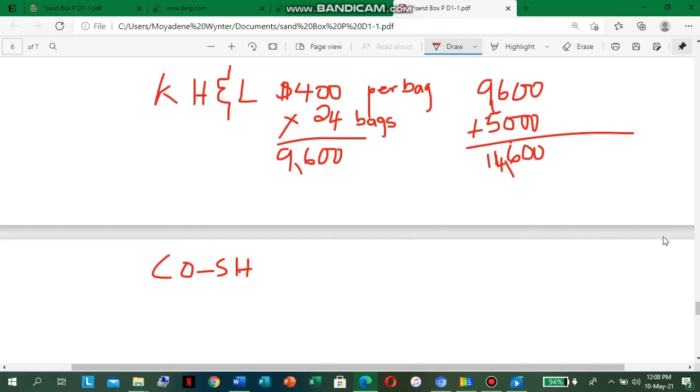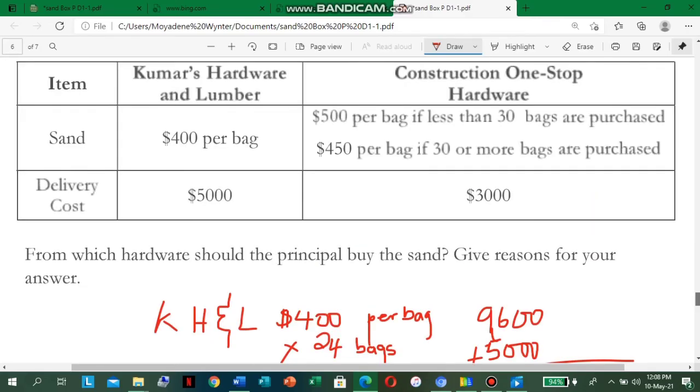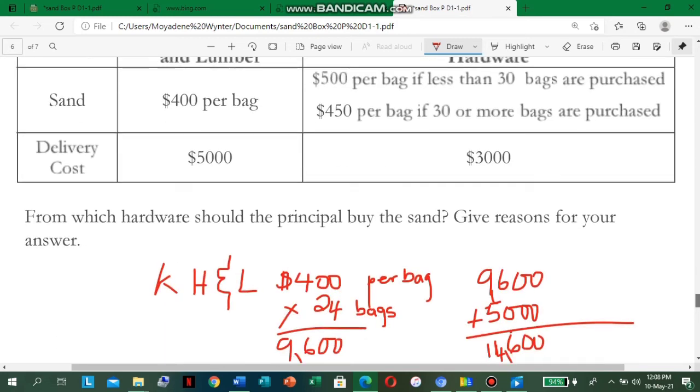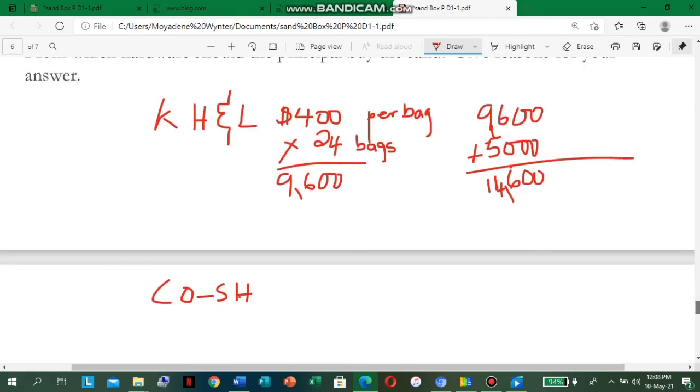All right, and they said $500 per bag if less than 30 bags are purchased. Now we are purchasing less than 30 bags because we have 24 bags. So therefore we have to pay $500. It can't be 450 because we're purchasing less than 30 bags.